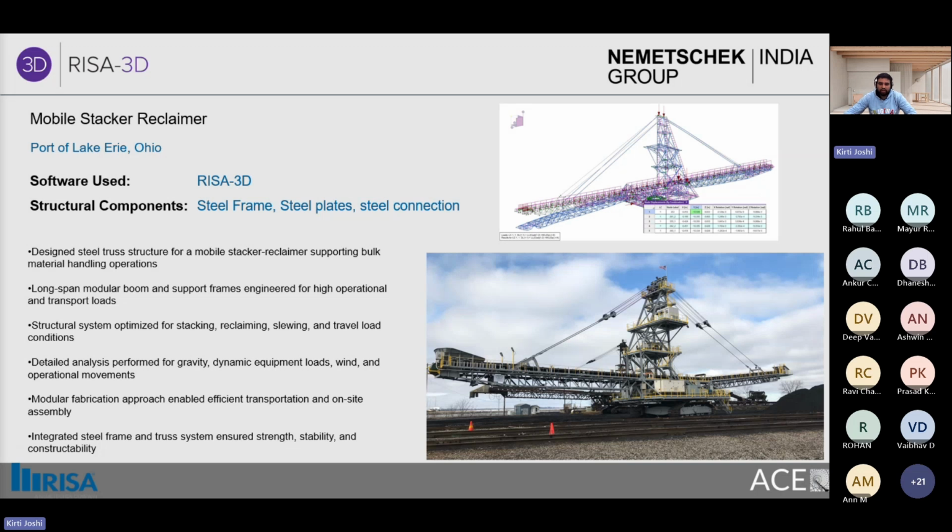The RISA Tekla link has also been used here to support the coordination between the analysis and the detailing, so that it improves the design accuracy and reduces the rework during fabrication and erection.